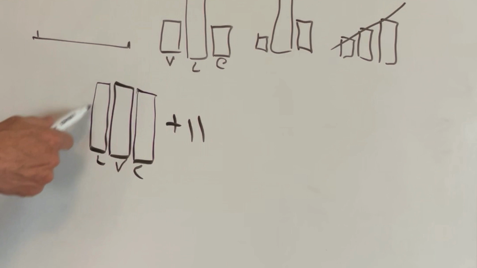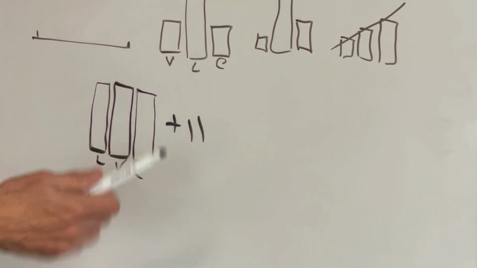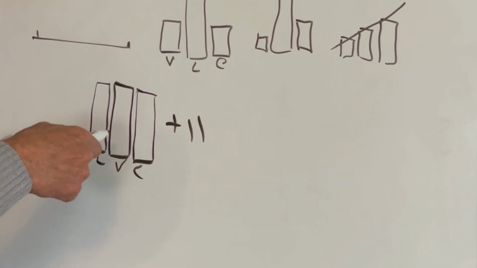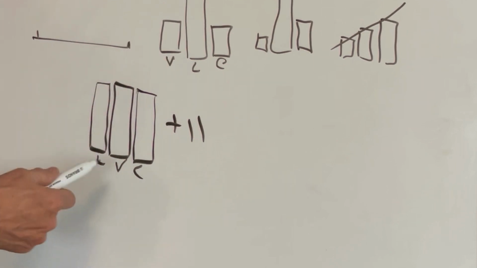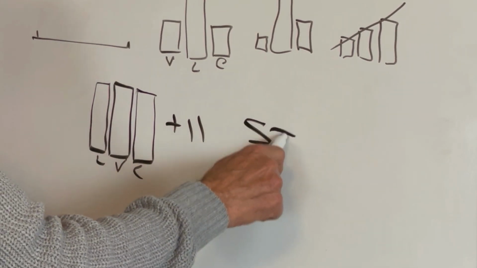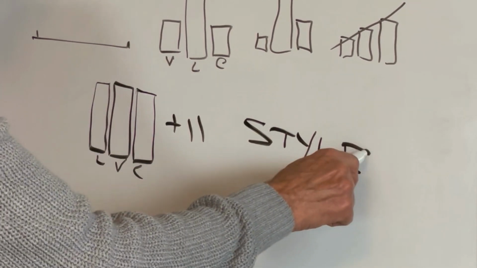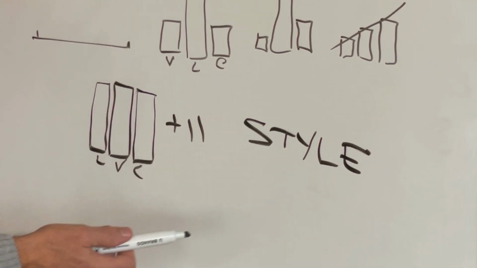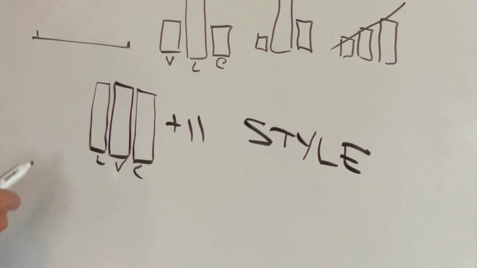But what will happen, usually, is that viewers who don't really understand what light, value, and color is about, or other aspects of painting, will not understand what's happening here, but they will simply see it as representing a style. So this is a style of art because they've seen it before in other places and it's recognizable. So anyway, those are the first two.